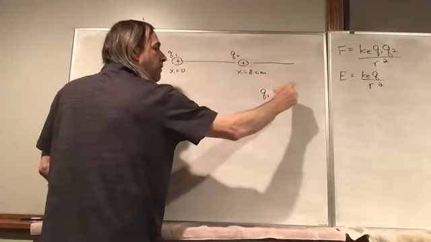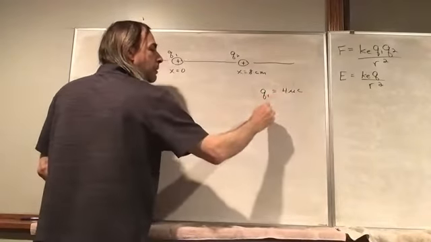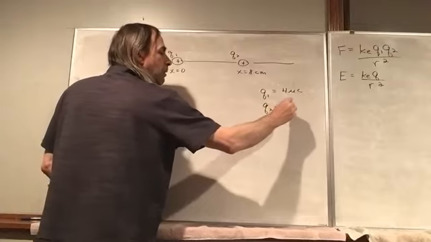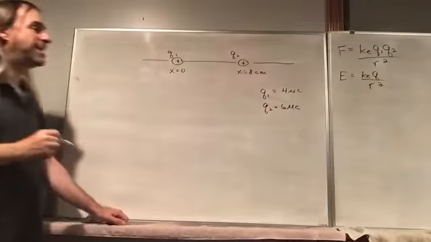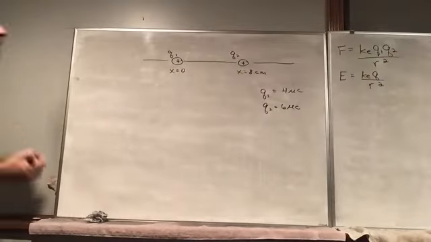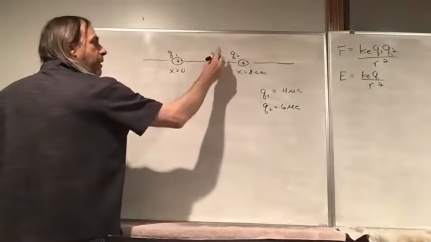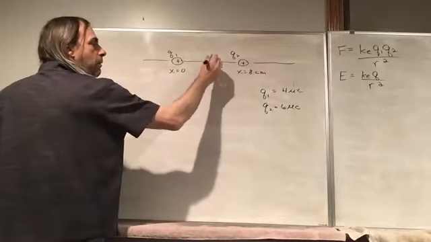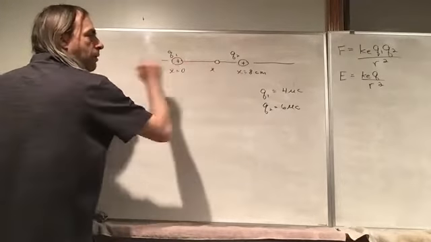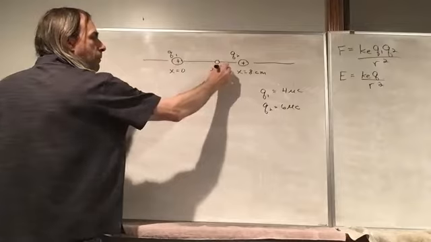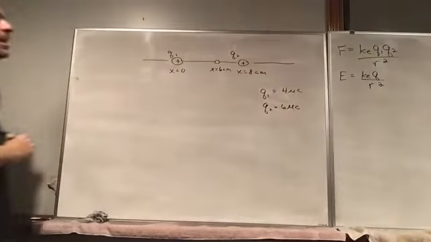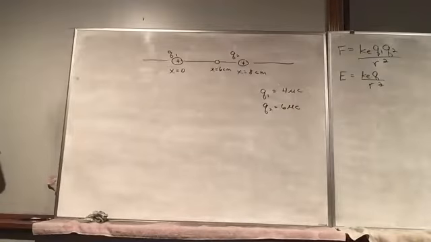Say Q1 is 4 microcoulombs, and Q2 is 6 microcoulombs. And let's say we want to know the electric field at x equals 6 centimeters.